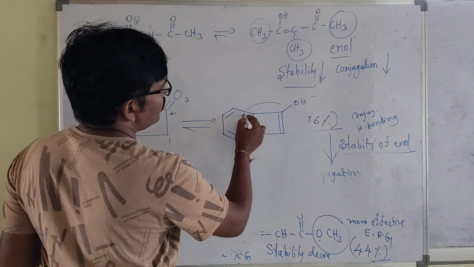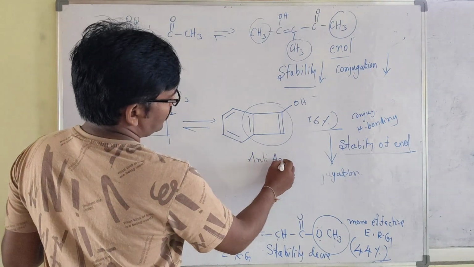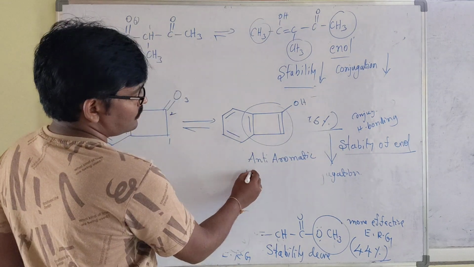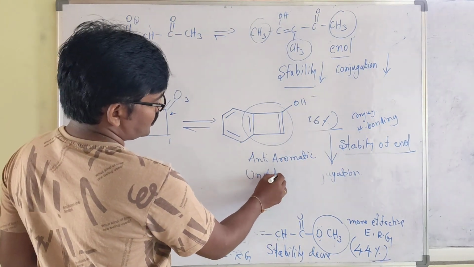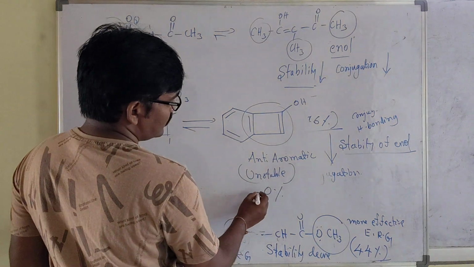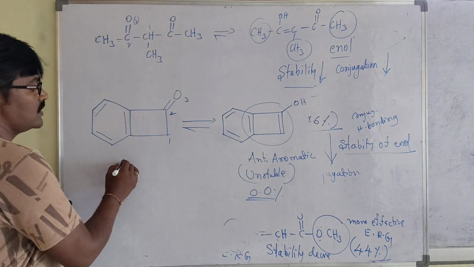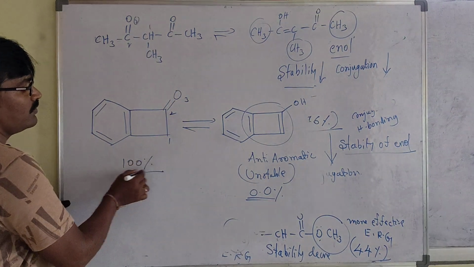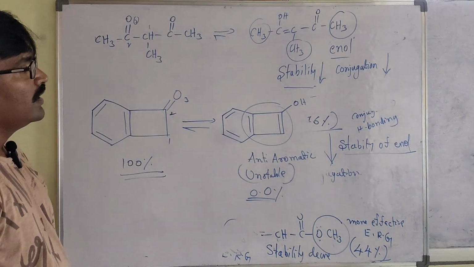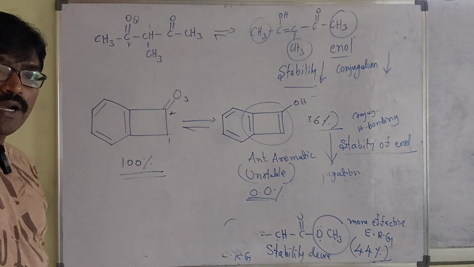So this compound is an anti-aromatic compound. It is very unstable, so the percentage of enol is 0%. It won't form. So the ketone is 100% stable compared to the enol. So this is the percentage of enol in the different compounds when compared to ketones.